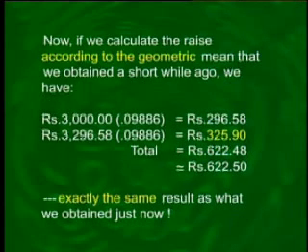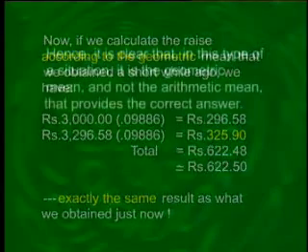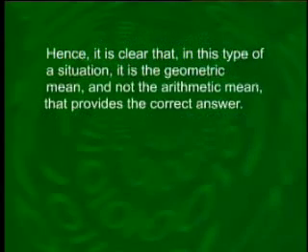And students, if we add these two increments, we obtain rupees 622.48 or 622.5, exactly the same as what we obtained just now when we added the actual two increments. Hence, it is clear that in this type of a situation, it is the geometric mean and not the arithmetic mean that provides the correct answer.